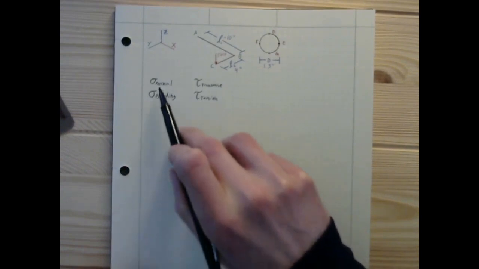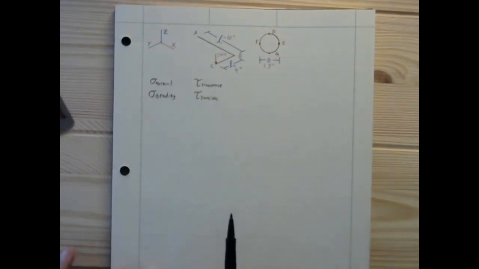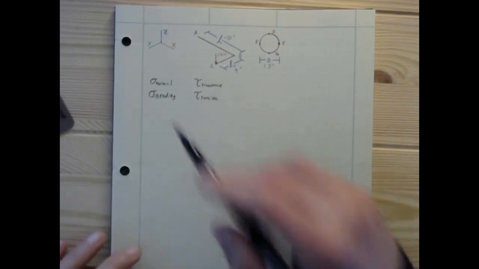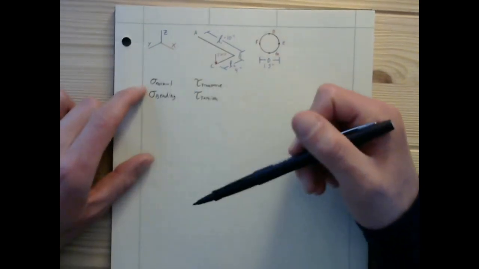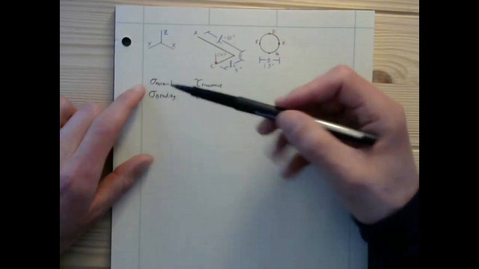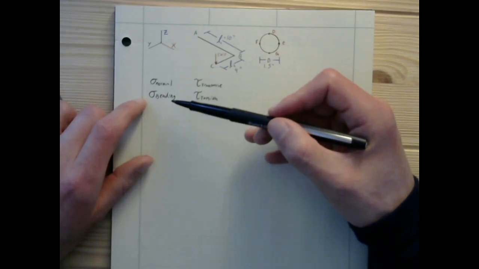And we need to think about all 4 of these to determine what the stress state is for any given point. And they're going to be different for different points, because remember, on that previous problem, the normal stress was constant, but the bending stress was a function of how far we were from the neutral axis.